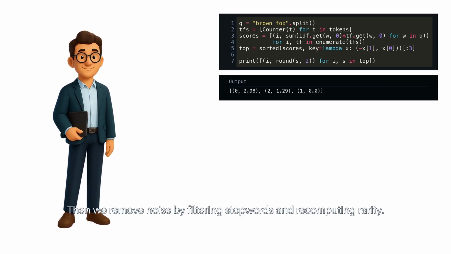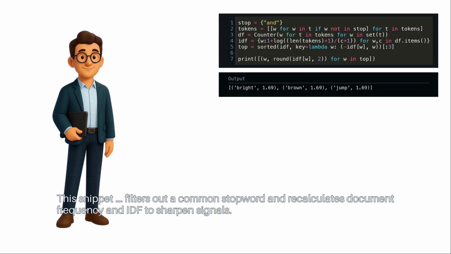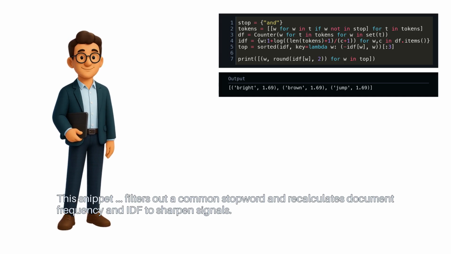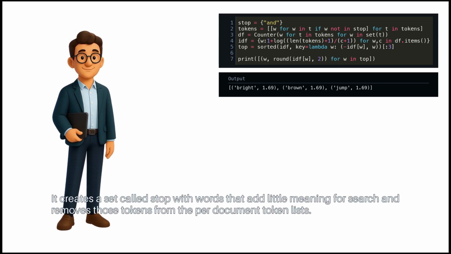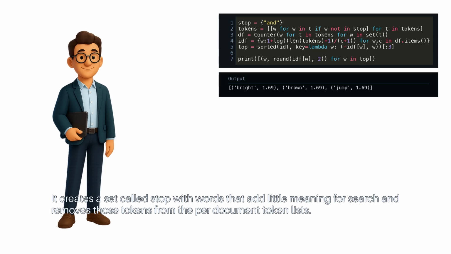Then we remove noise by filtering stop words and recomputing rarity. This snippet filters out a common stop word and recalculates document frequency and IDF to sharpen signals. It creates a set called stop with words that add little meaning for search and removes those tokens from the per document token lists.